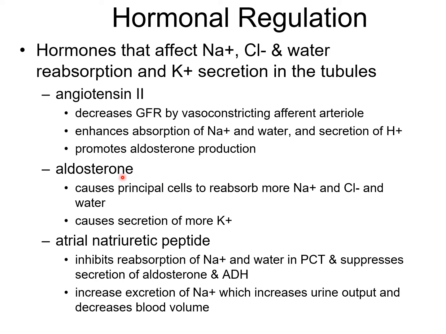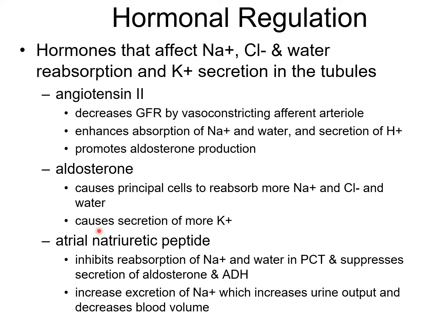Aldosterone acts now in the distal convoluted tubule on the principal cells and forces those cells to reabsorb more sodium and therefore more water. Aldosterone, we'll see this in chapter 27 too, is also a regulator of potassium levels in our blood. Aldosterone tells the principal cells to secrete more potassium.